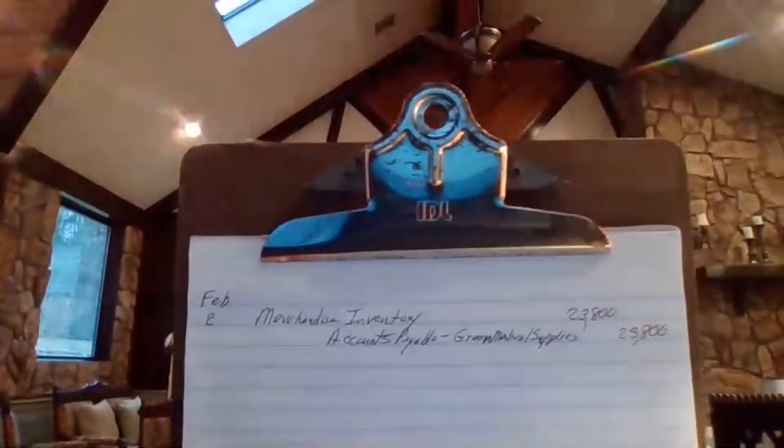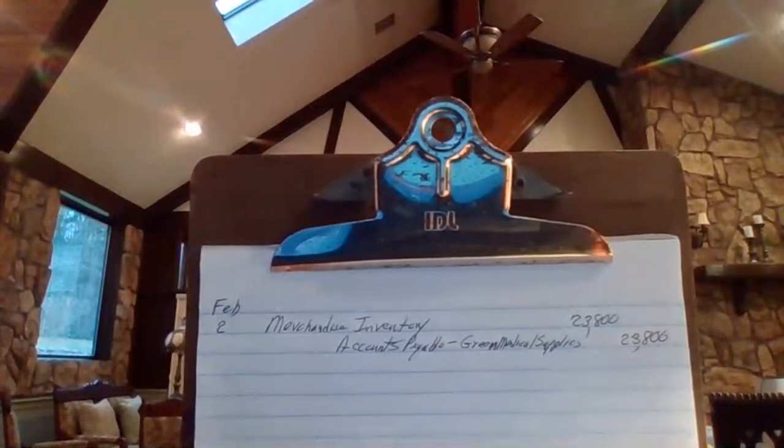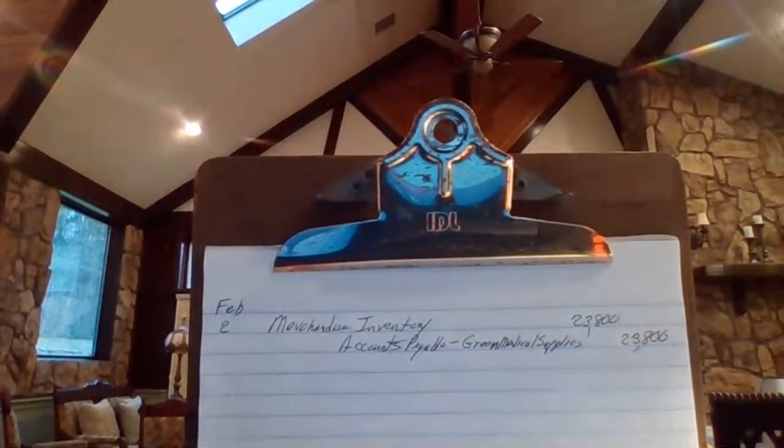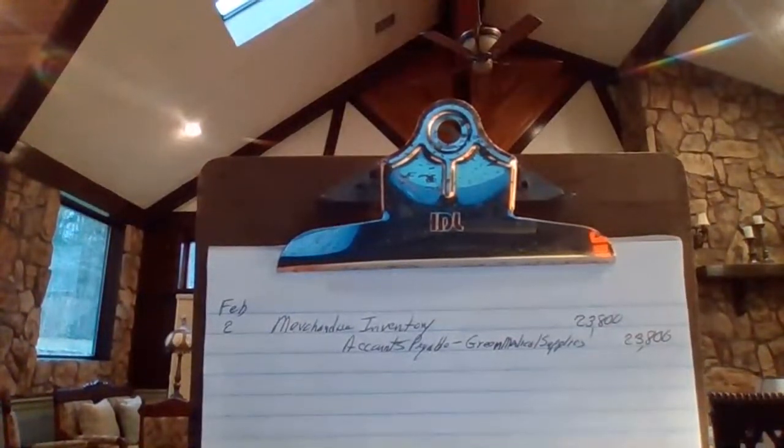The full amount, $23,800. Okay, so there's the entry. The asset merchandise inventory is being increased with the debit. The liability accounts payable to Green Medical Supplies is being increased with a credit.